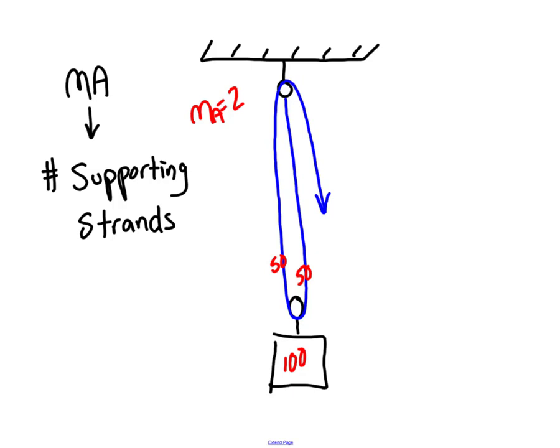And a supporting strand is a rope, string, cable, doesn't really matter. Something that's directly holding it up. So those two strands right there are directly responsible for holding that box up. Okay? Is this strand out here directly responsible for holding that up? No. So it's not directly holding it, okay? It's not directly holding it.